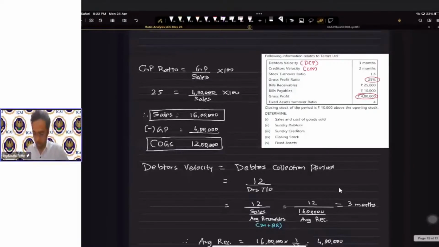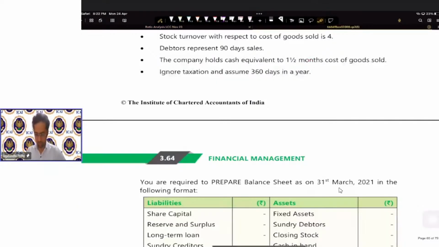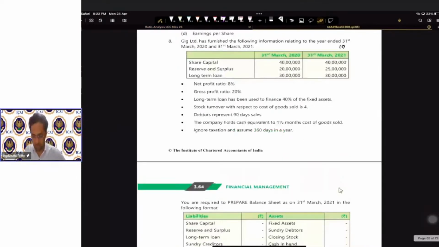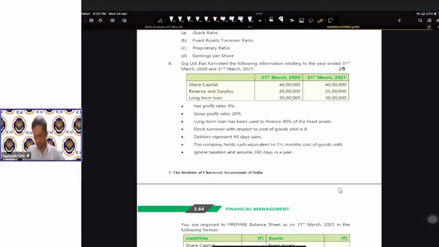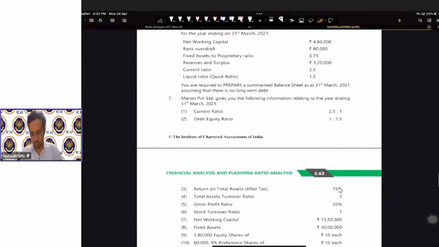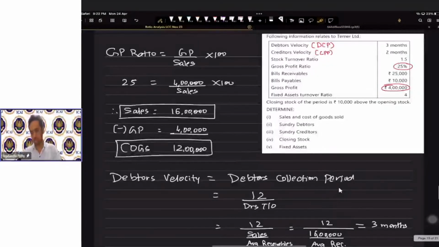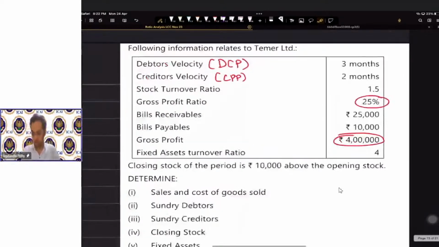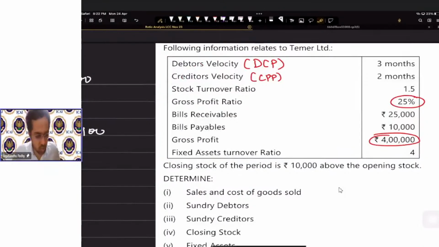Okay. So you can go through the remaining questions from the study material. I have done a couple of questions for you. Rather, we have done 3 questions. Always remember some trick for solving it. Whenever the question comes up to you, try to connect a ratio with a typical number that we have in the question.